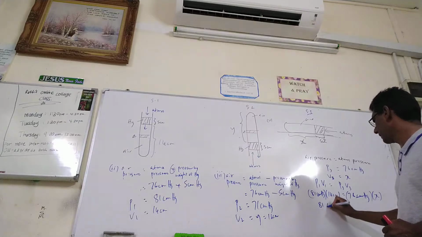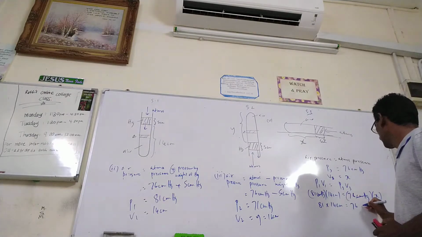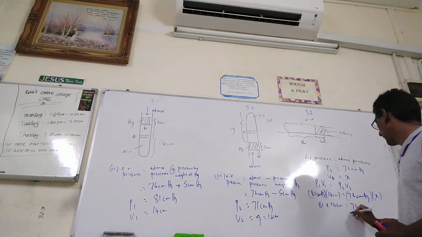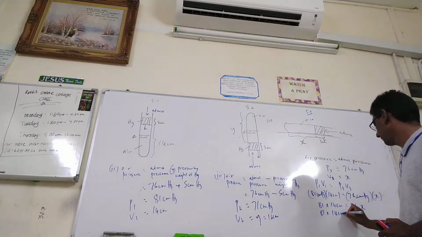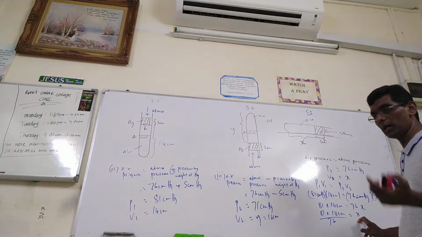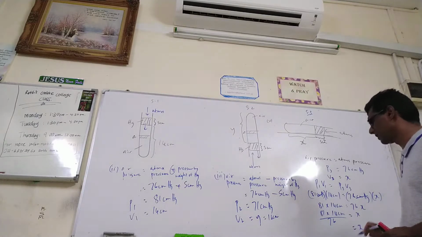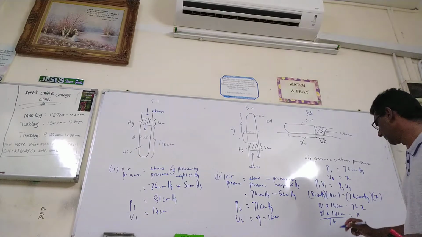So 81 times 14 cm equals 76 X. So X equals 81 times 14 cm divided by 76. Okay, so the answer is X equals, I think, 15 cm.